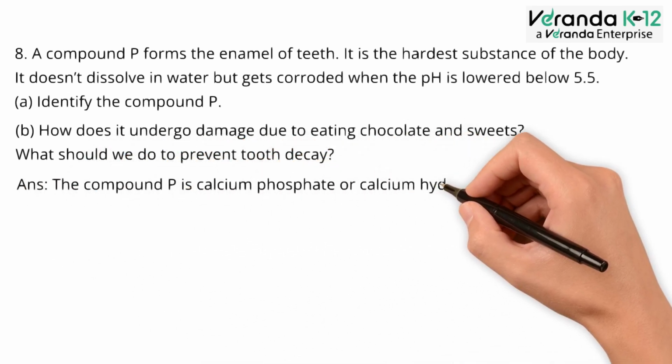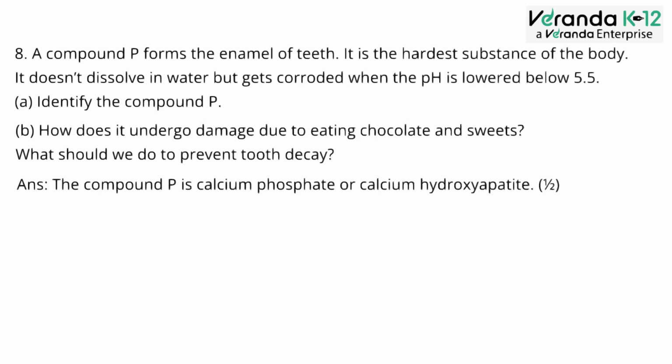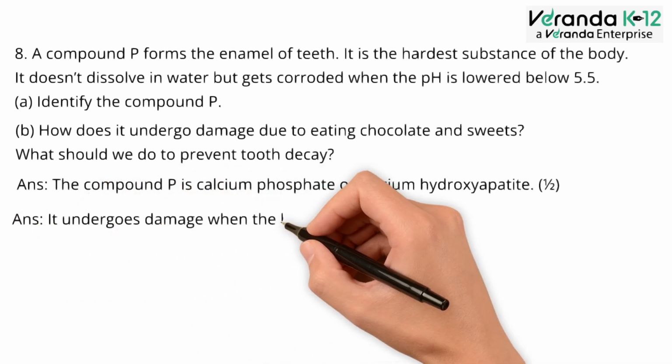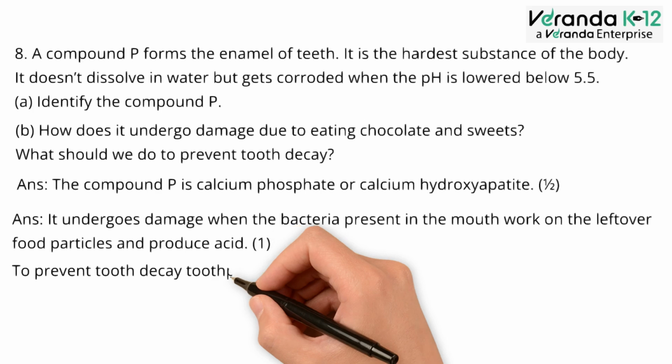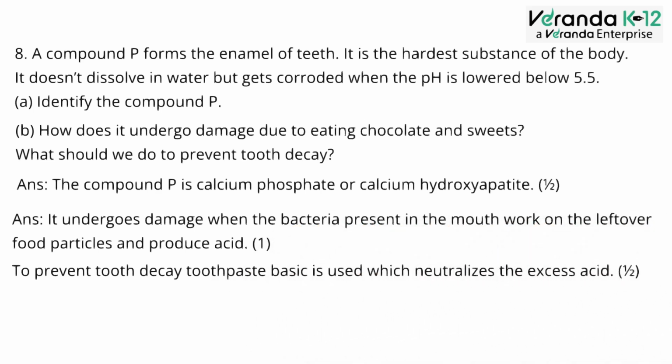Here, the compound P, which makes up the enamel of teeth, is nothing but calcium phosphate or calcium hydroxyapatite, which is the hardest substance of the body. Then it undergoes damage when bacteria present in the mouth act on the leftover food particles to produce acid.